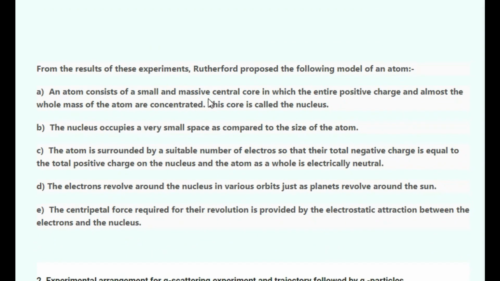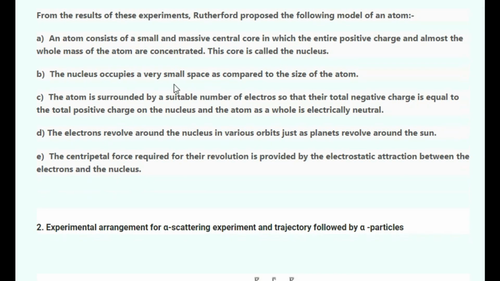So after this experiment, what were the results? What were the summaries? An atom consists of a small and massive central core. It contains the entire positive charge and almost all the mass of the atom. Why do we say that it is almost all the mass? Because we know that electrons are very light particles, and the mass of the electrons is negligible.